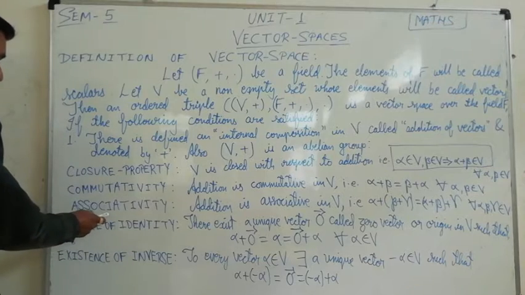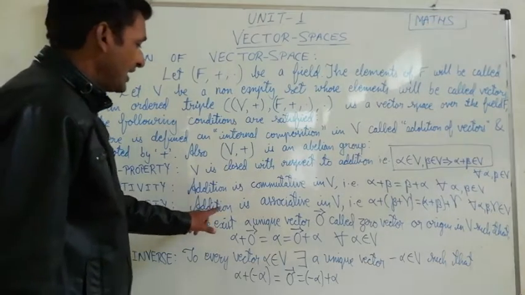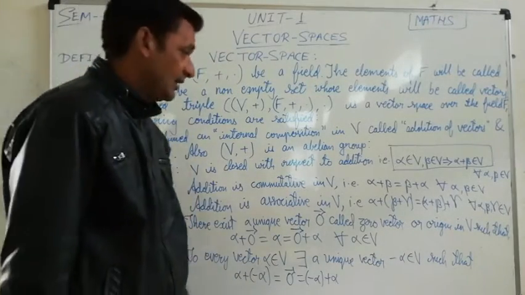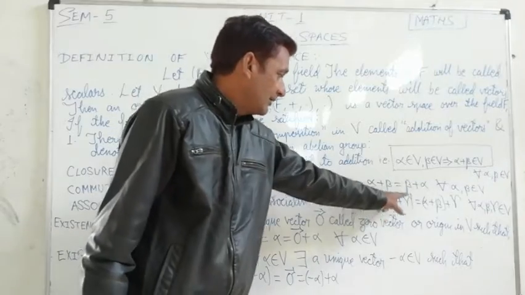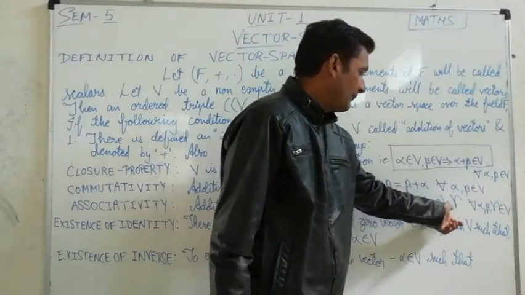Now see the third property, it is associativity. Associativity means addition is associative in V. Associative also you know very well: alpha plus (beta plus gamma) is equal to (alpha plus beta) plus gamma.